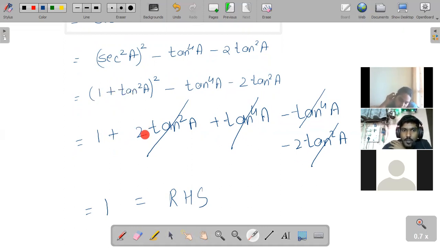So that is why this becomes 2 tan square a plus b square. So b is tan square a. Now you take the square of this term, it will become tan raised to 4a. So the final is 1 plus 2 tan square a plus tan raised to 4a. Is it clear now?